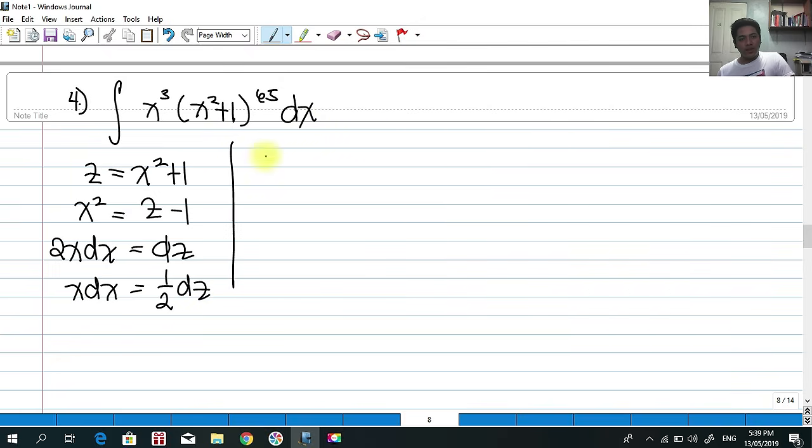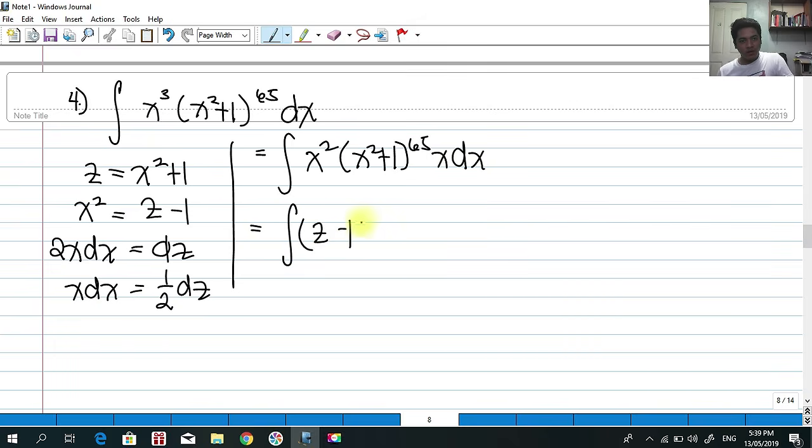So our given integral can be rewritten as this: we have x squared times (x squared plus 1) raised to 65, multiplied by x dx, wherein our x squared is simply equal to z minus 1, our x squared plus 1 is equal to z raised to 65, and x dx is simply 1/2 dz. Okay?